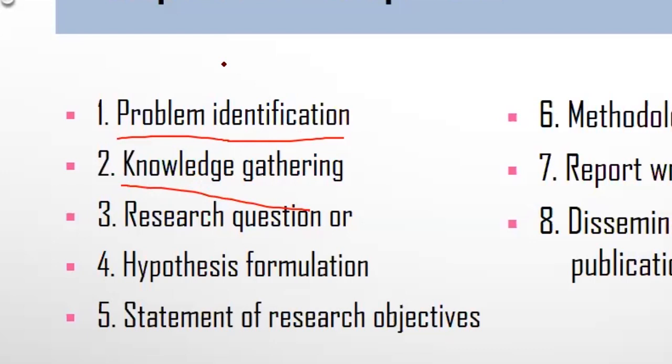Now the question is how literature review can be done, or how knowledge gathering can be done in the research process. There are so many ways for knowledge gathering in the research process.